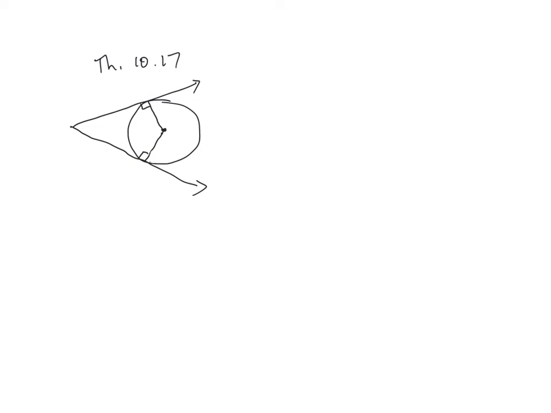Okay, so you're going to see this word circumscribed. It comes from circumference. Circumference, and scribed means written. We had inscribed, inside the circle. Circumscribed is outside the circle.